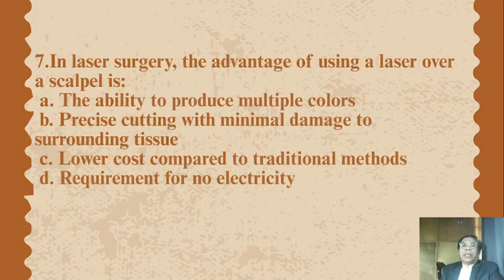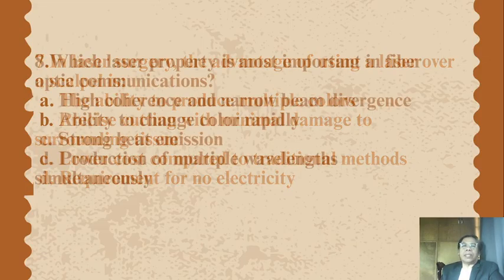Number 7. In laser surgery, the advantage of using a laser over a scalpel is A, the ability to produce multiple colors. Letter B, precise cutting with minimal damage to surrounding tissues. Letter C, lower cost compared to traditional methods. Letter D, requirement for no electricity.